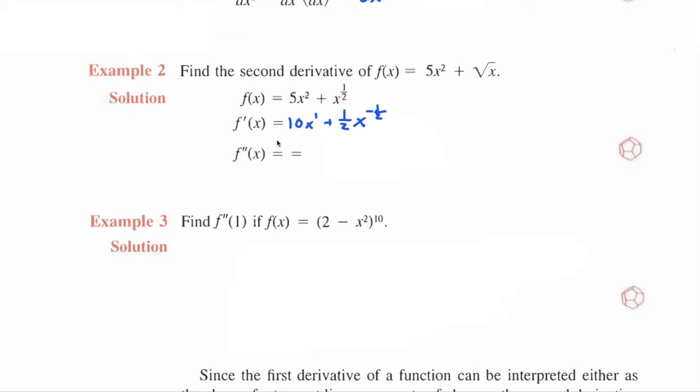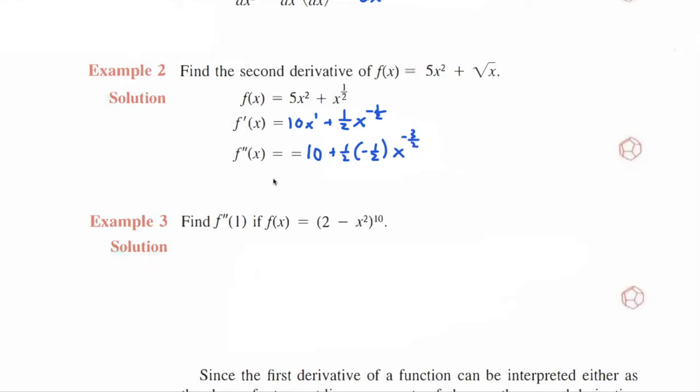If we're taking a look at the second derivative of the function, we can treat this as the original function and take the derivative of that. So the derivative of 10x is 10. And then we have our half as a constant. Bring down the exponent, so that's going to be negative 1/2. And then it's going to be x. Negative 1/2 minus 1 is negative 3/2.